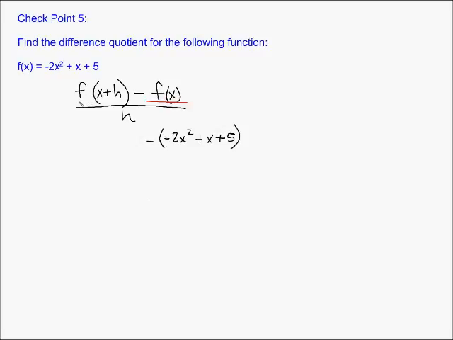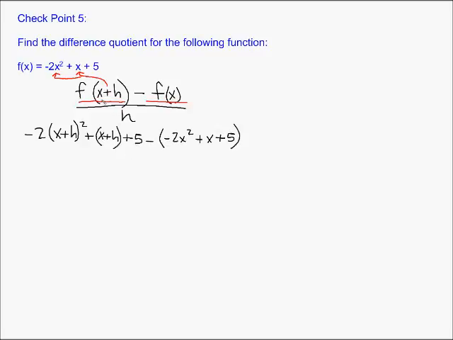Then I like to do this part next. Basically, I'm going to take x + h, and I'm going to substitute it in for wherever x occurs in the function. So that looks like this. I have negative 2 times (x + h) squared, plus, so for x here I'll have x + h, plus 5.